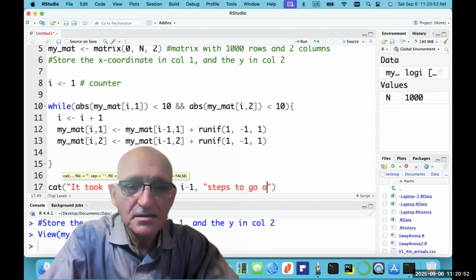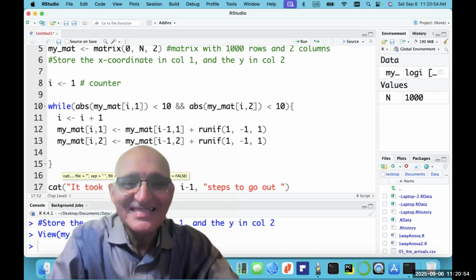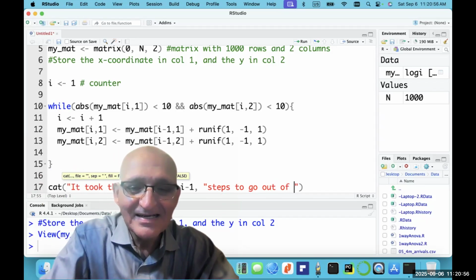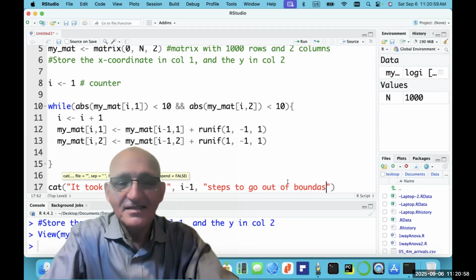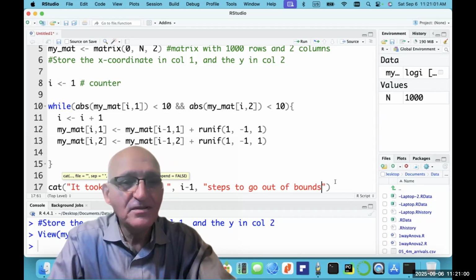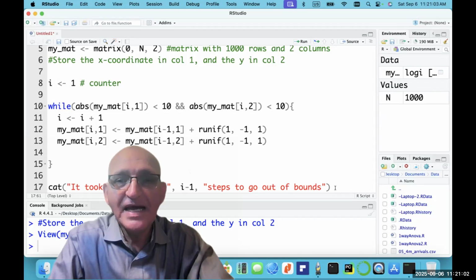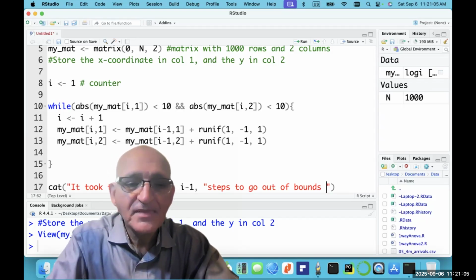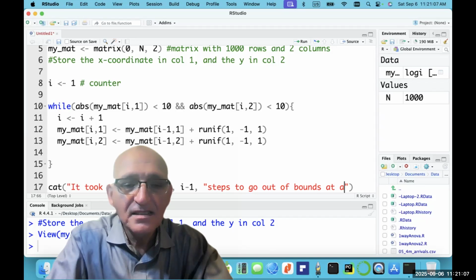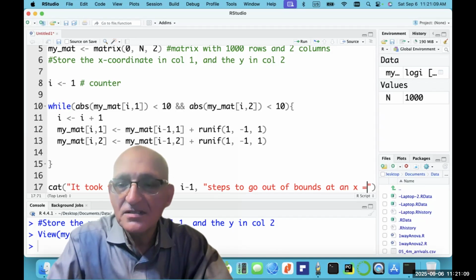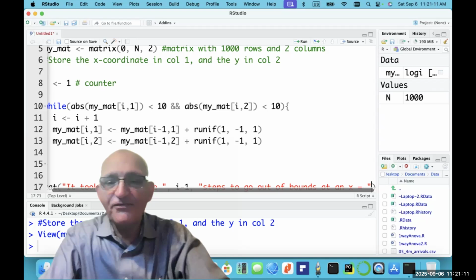Oh my God. Okay. My laptop is high, so I can type easily. Out of bounds to go at, maybe at an X equals, and then I can format it.